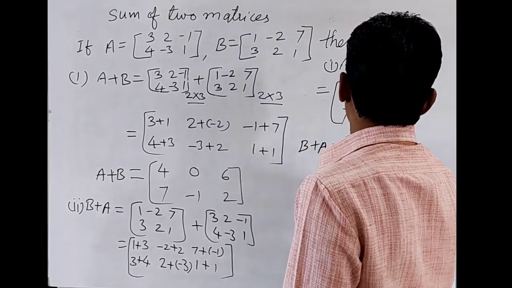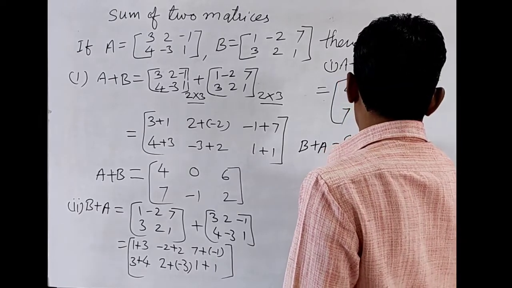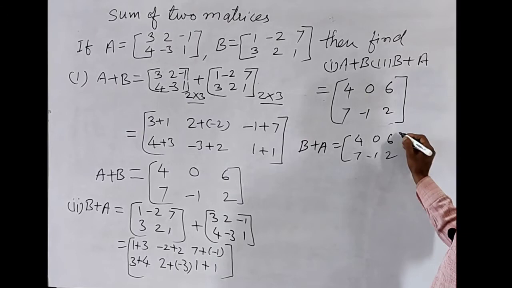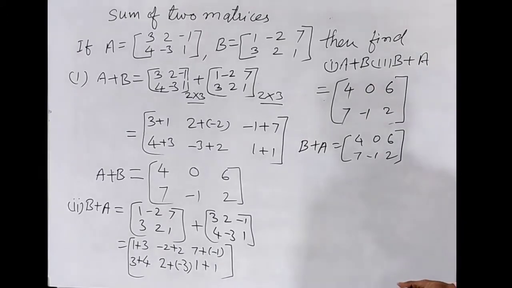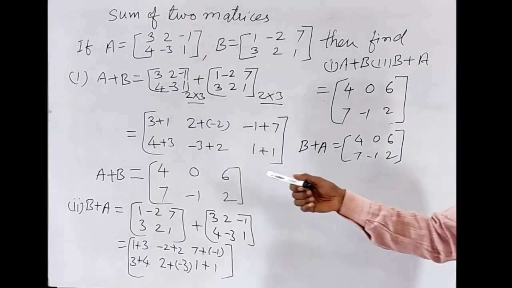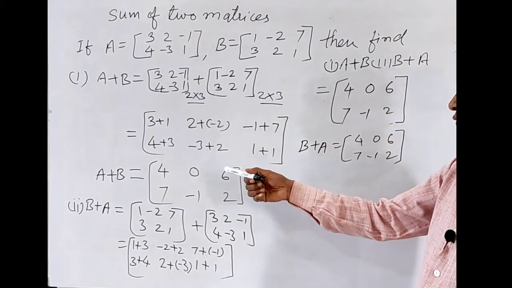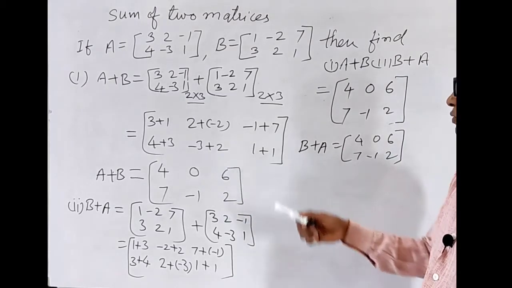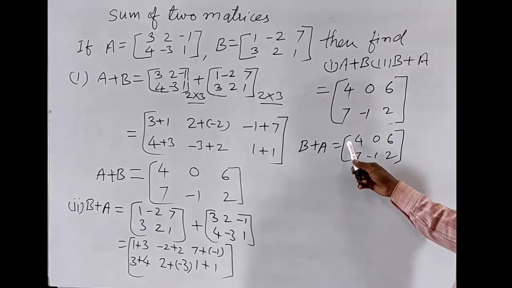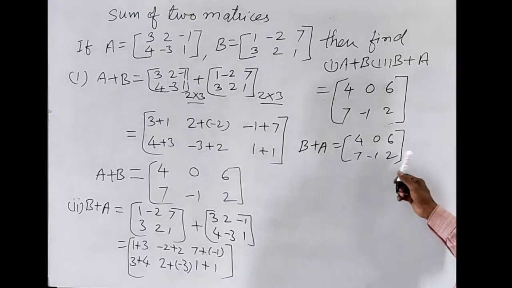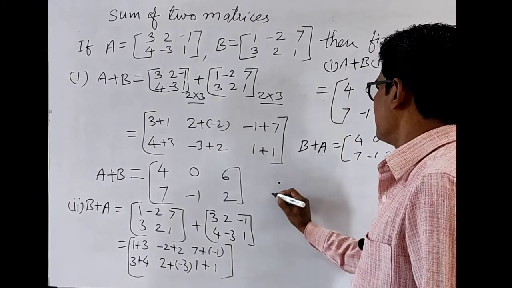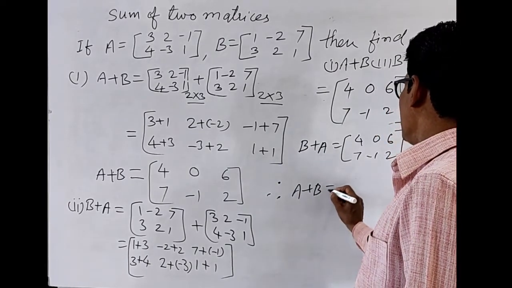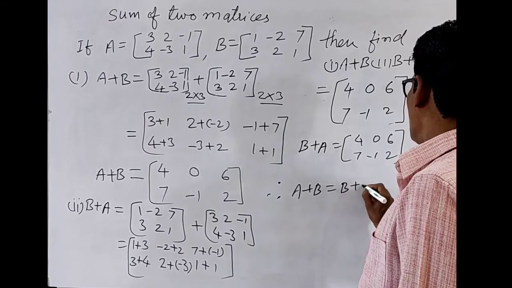B plus A is equal to 4 0 6, 7 minus 1 2. Now look at A plus B: 4 0 6, 7 minus 1 2. Then B plus A: 4 0 6, 7 minus 1 2. Therefore A plus B is equal to B plus A.